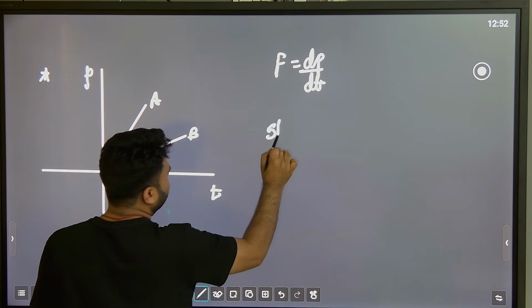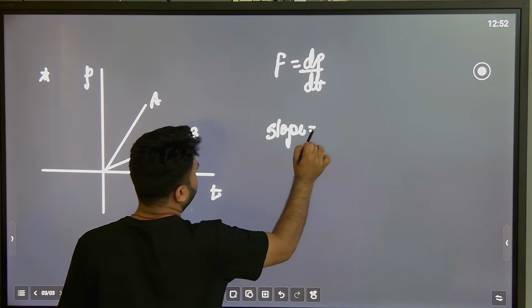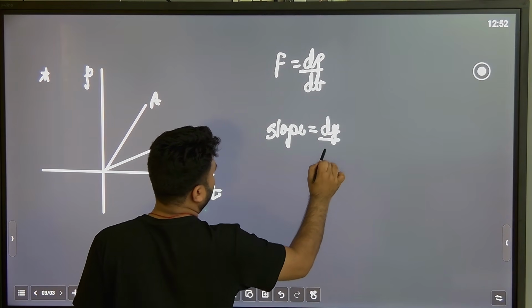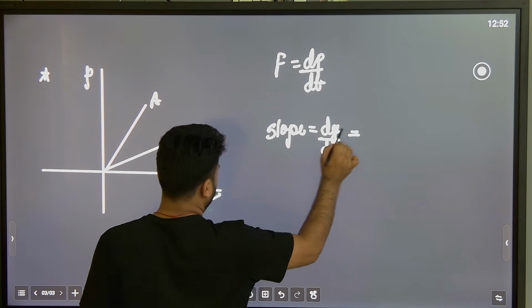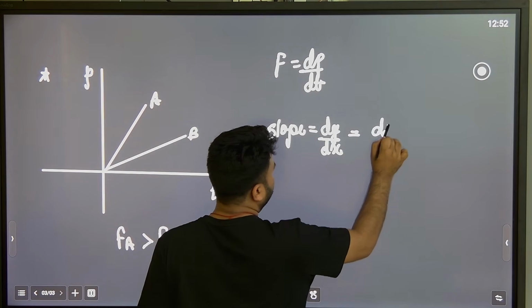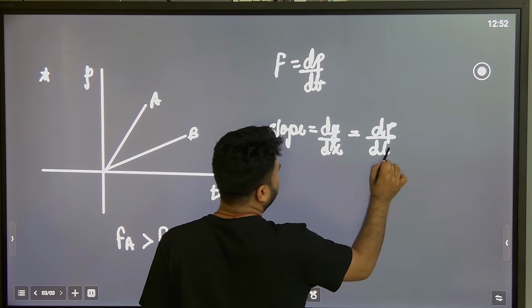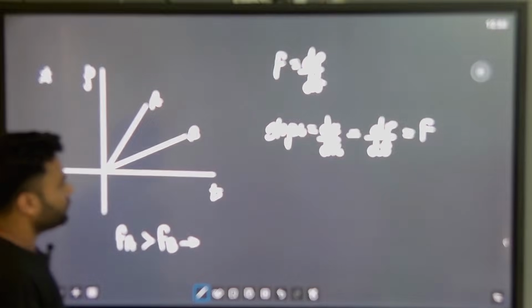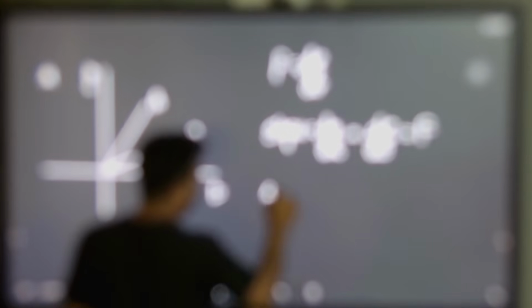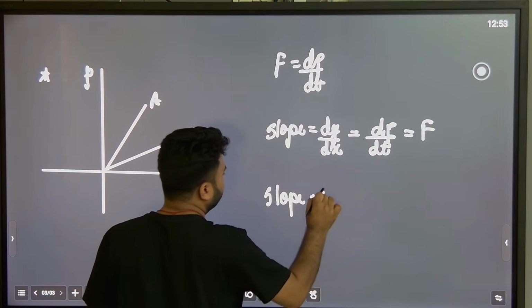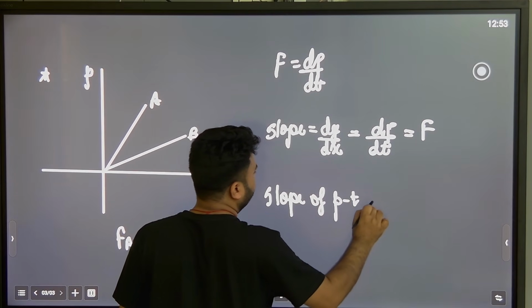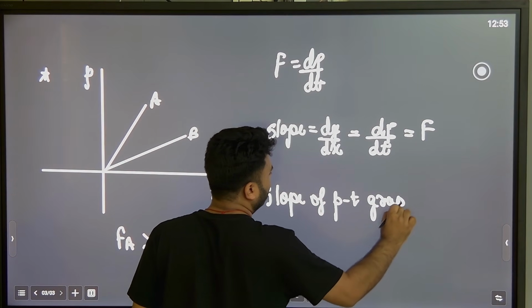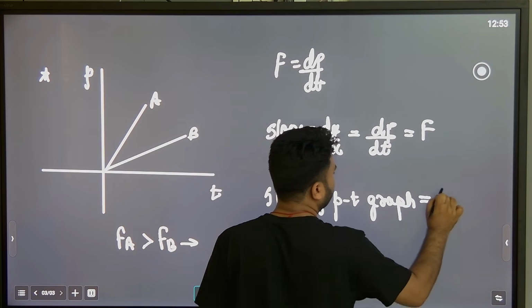Again, what is the general formula for slope? dy by dx. But here in place of y we have p and in place of x we have t. So we write dp by dt, and dp by dt is nothing but force. So the slope of a p versus t graph is nothing but force.